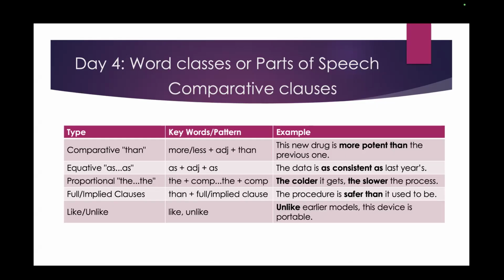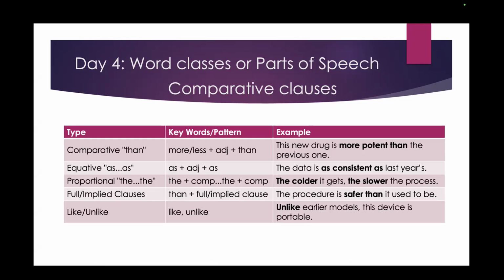We can also use another comparative clause, but here it refers not to a difference, but to an equality. So you compare two different clauses, to different things for example, and you are saying that one is similar, one is equal to the other. For this, we use the structure as plus the adjective plus as.